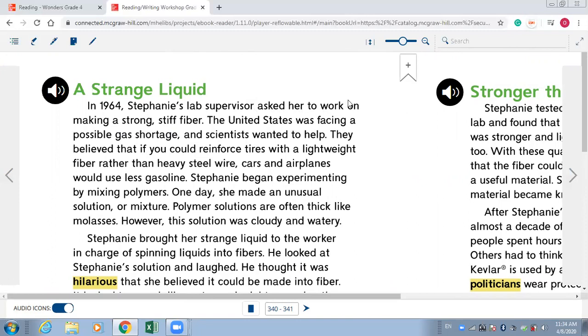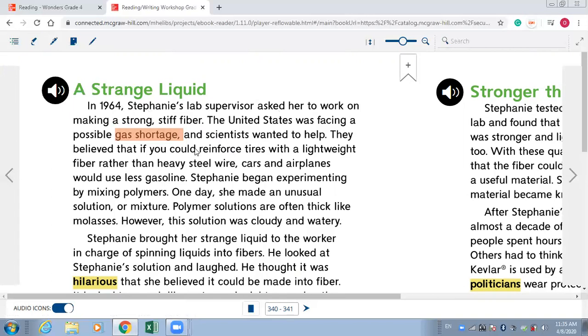Stephanie was asked to make a kind of strong, stiff fiber. Okay, because of the shortage, so here is the problem. There was a shortage in a gas. Okay, this is the problem. There was a shortage in the gas.